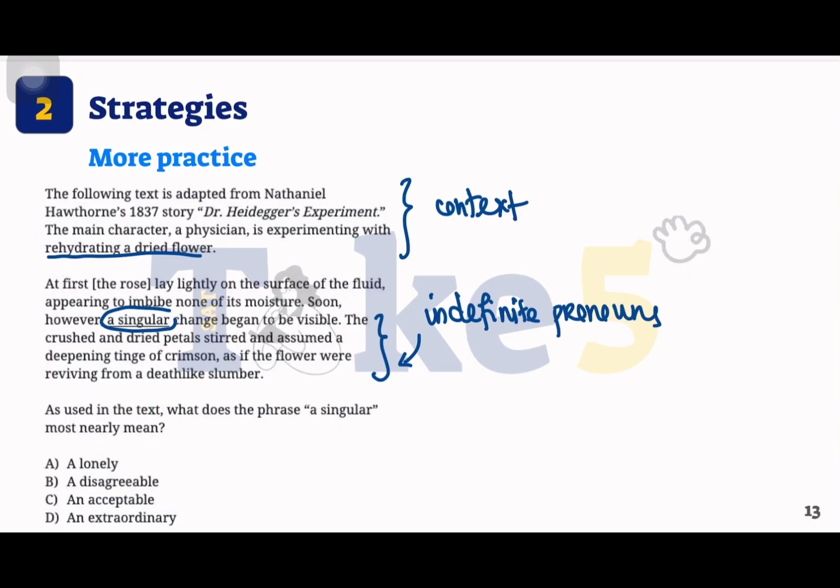Again, try to visually understand the description instead of getting all literal meanings. We see that the dried flower became a red flower with description like reviving from a death-like slumber, which means like coming back from death. Quite magical, isn't it?